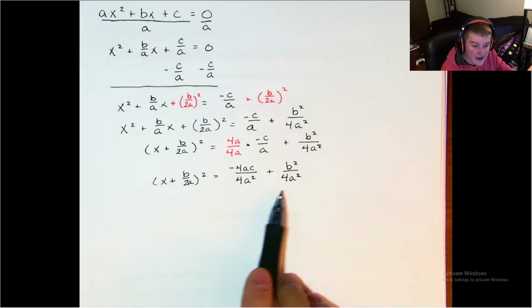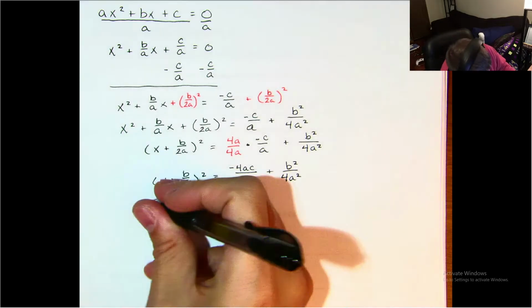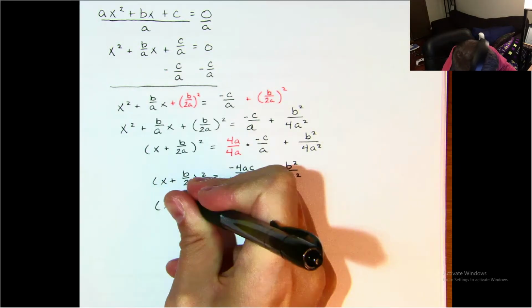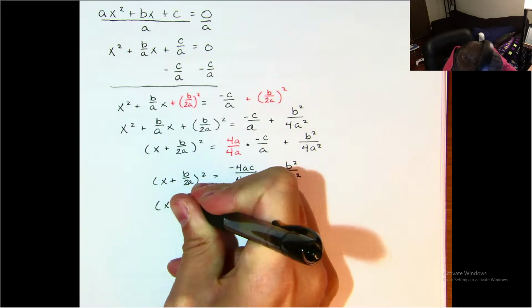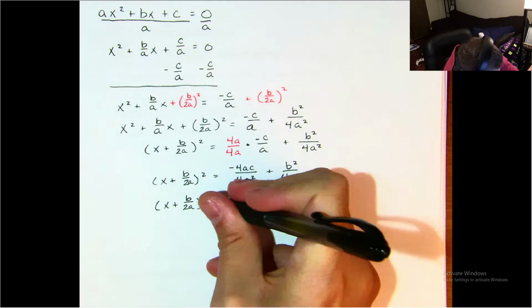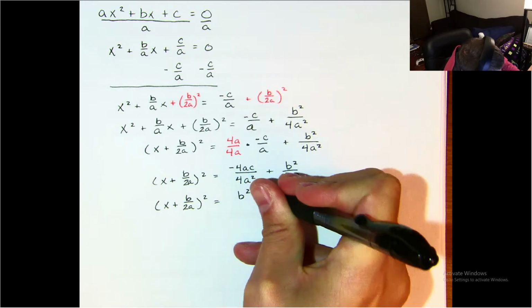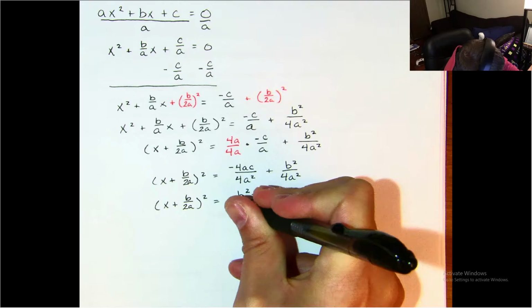Okay, so now that I have common denominators, I can just crunch it together. So let's go ahead and do that. Okay, so this would be b squared minus 4ac, all divided by 4a squared.